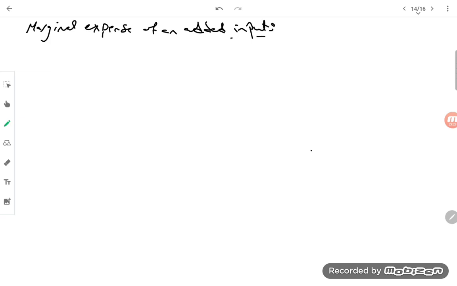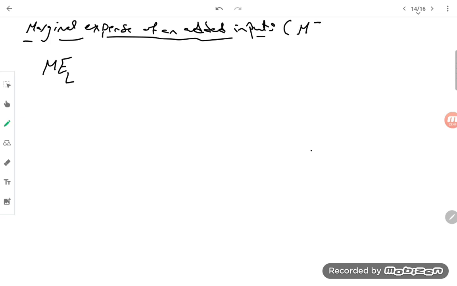What about the marginal expenses? Marginal expense of an additional unit, say for example the marginal expense of labor.